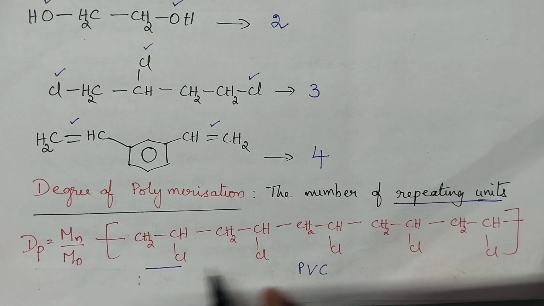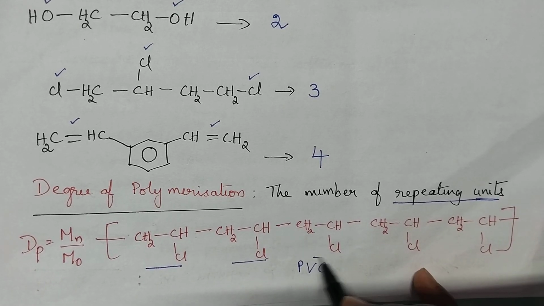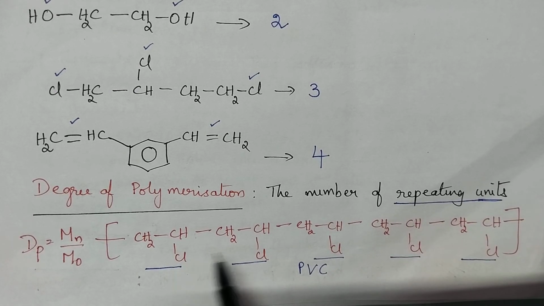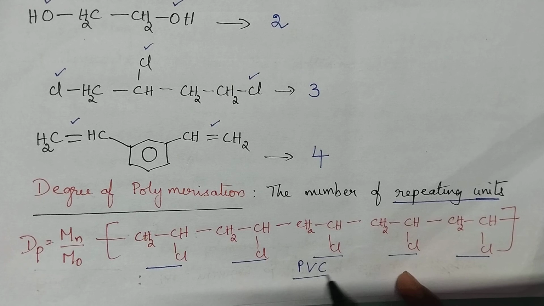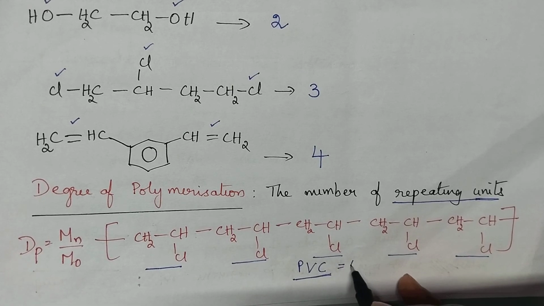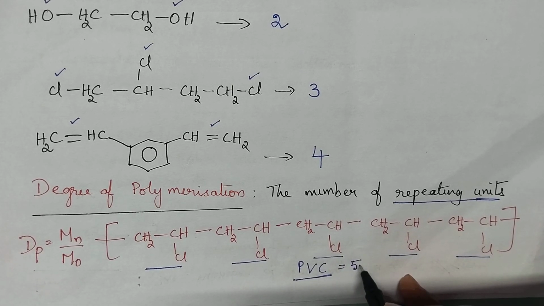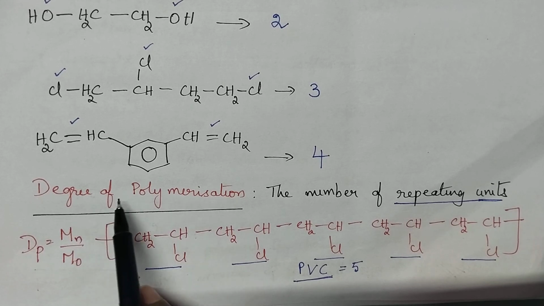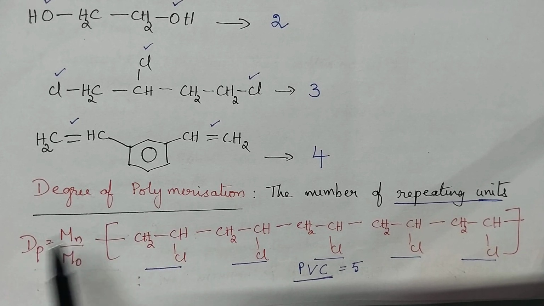This is the first molecule. It is the second one, third one, fourth one, and it is the fifth one. So how many times is the vinyl chloride repeated in polyvinyl chloride? It is repeated 5 times and hence the degree of polymerization of polyvinyl chloride in this case is equal to 5. Or simply, without seeing the structure, it is possible to calculate the degree of polymerization by knowing the molecular weight.